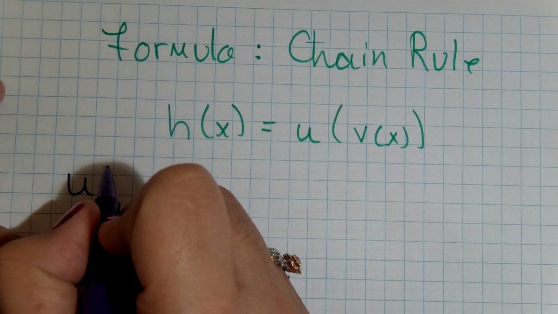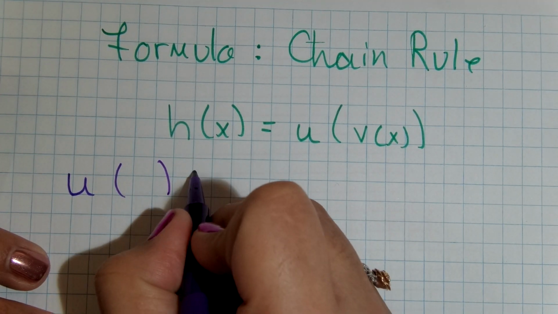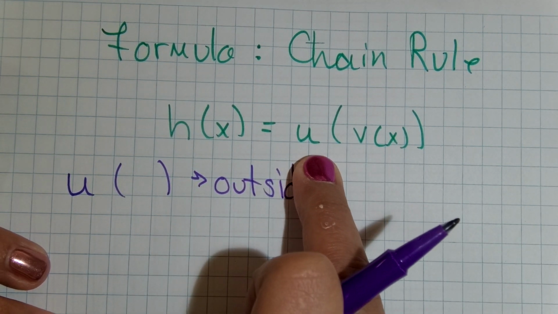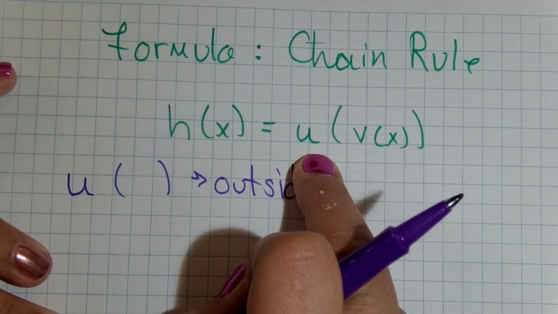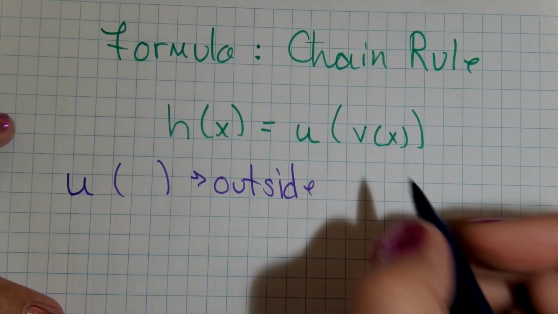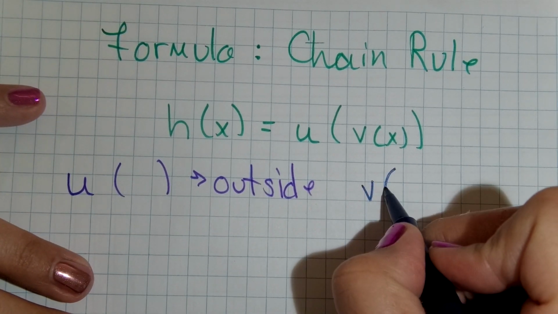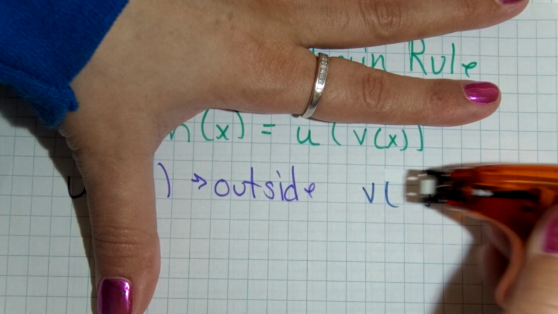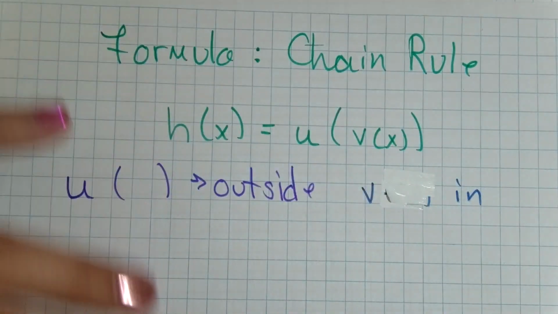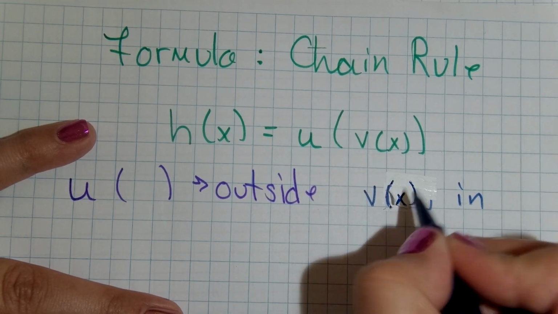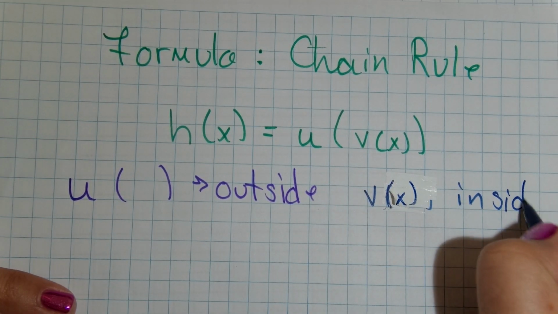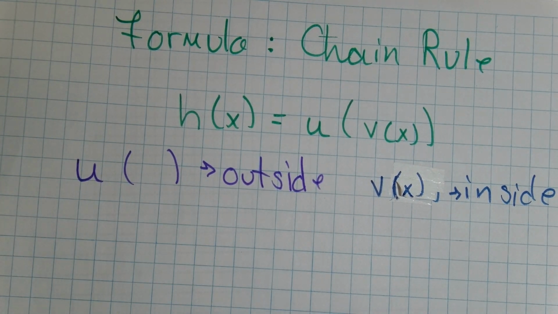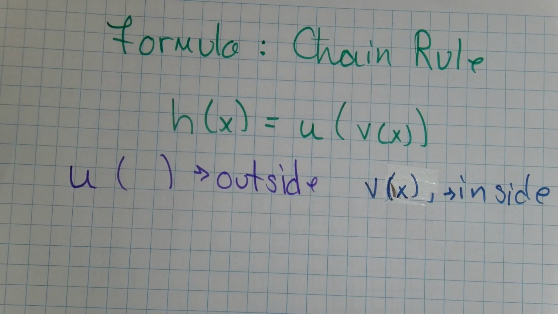U of parentheses is the outside function because it is outside the parentheses. V is the inside function. Let's not put parentheses because that's going to confuse you. Let's do v of x, the inside function. Outside is u because there is a thing on the outside, and inside is v.